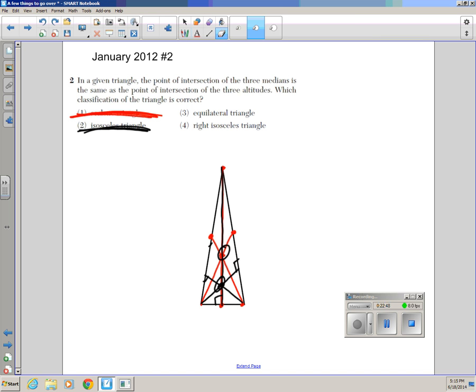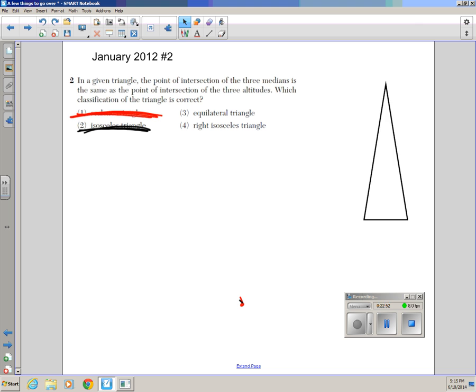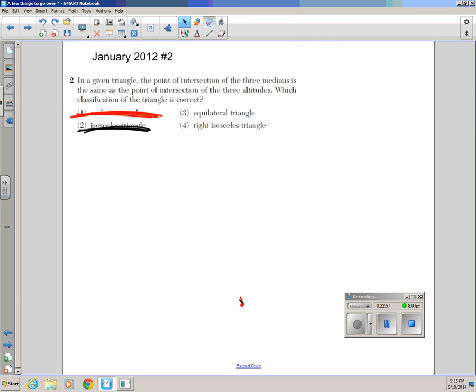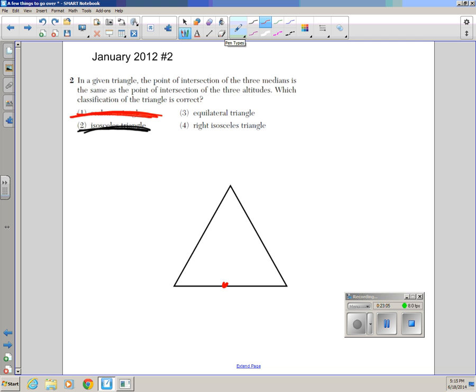Okay, next up, equilateral triangle. So I'm going to throw this one away. Get rid of you. I'll cut you out of here. And here is my equilateral triangle. And now a thing of beauty is going to happen. I'm going to make my centroid first. Midpoint to a vertex.